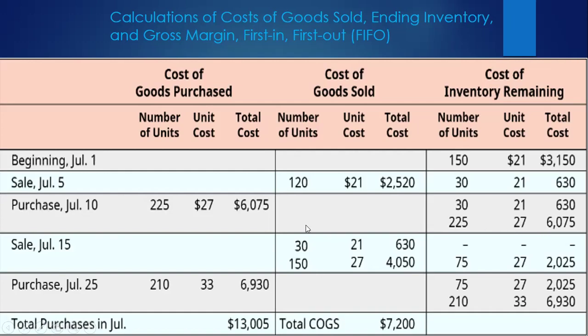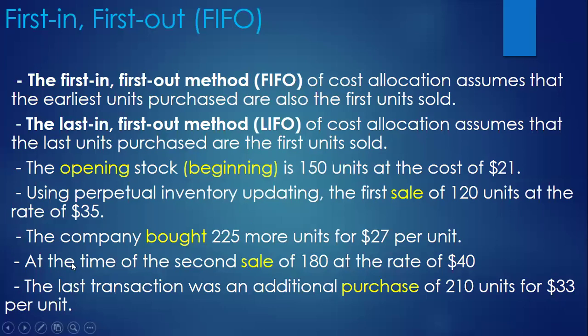Next transaction, we have a sale of 180 units at the rate of 40. Don't forget, the system is about calculating the cost, not the revenue. I'm going to do the revenue separately. So let's sell 180.